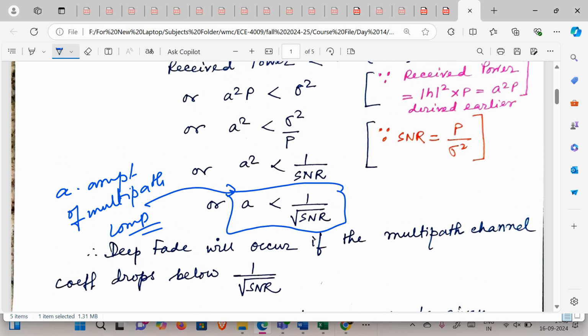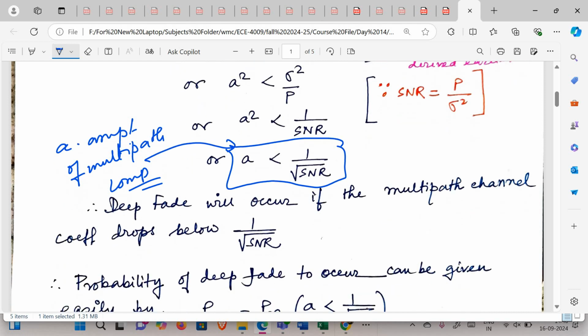If A is less than 1 by square root SNR, deep fade will occur. Deep fade will occur if the multipath channel coefficient drops below 1 by square root SNR.